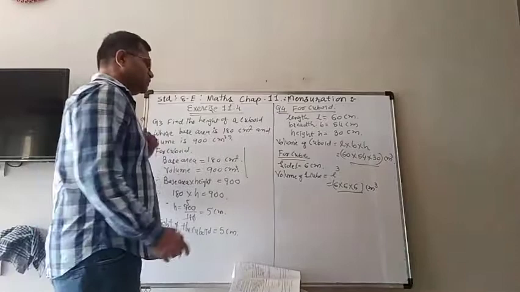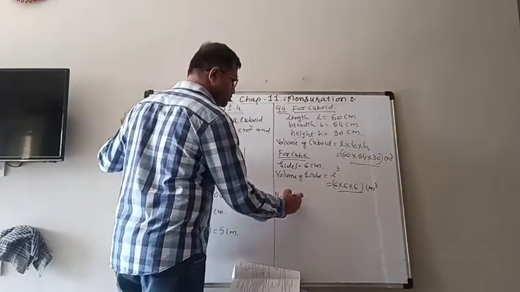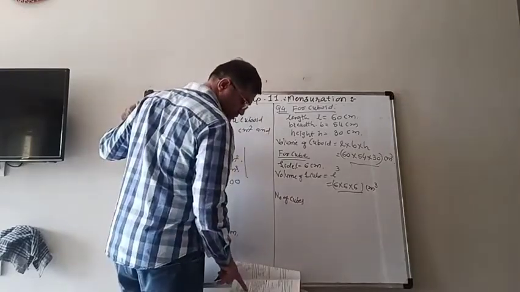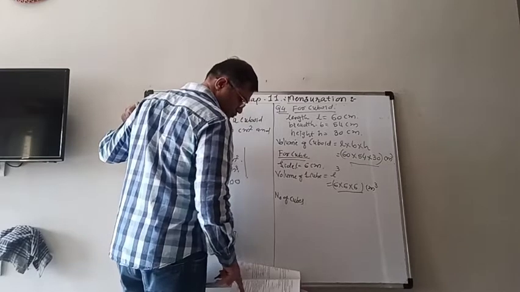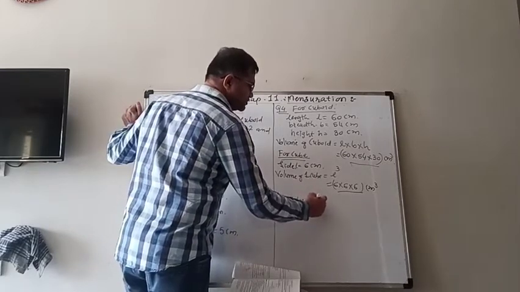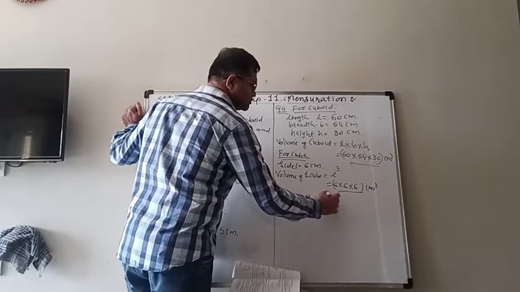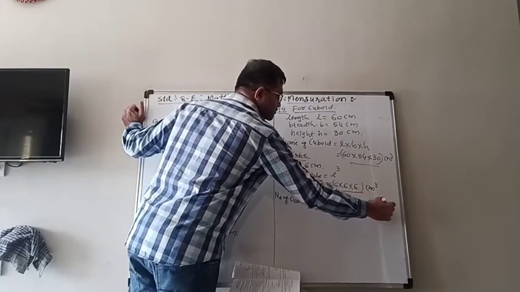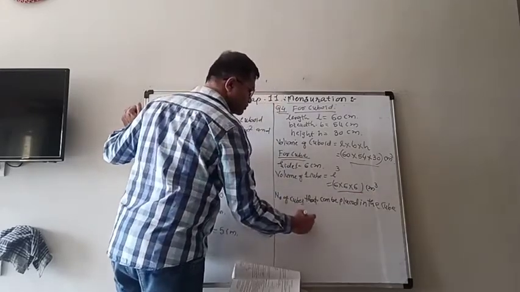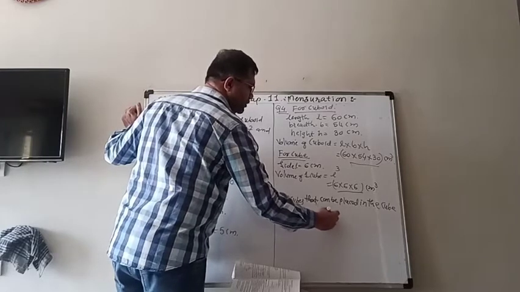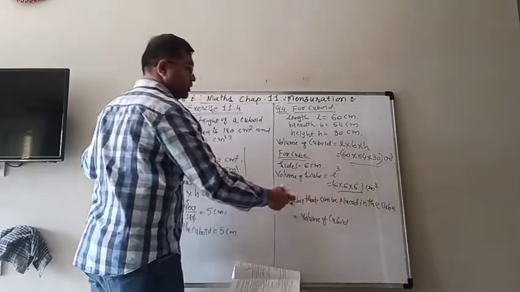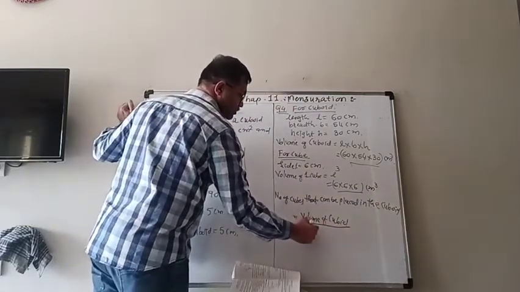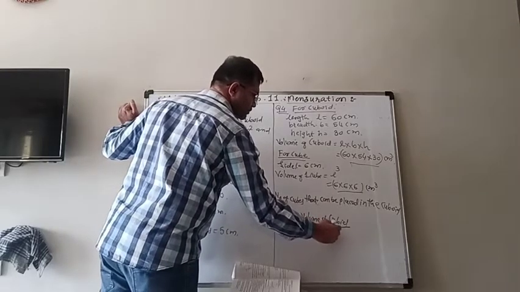So now the number of cubes that can be placed in the cuboid is equal to volume of cuboid divided by volume of one cube.